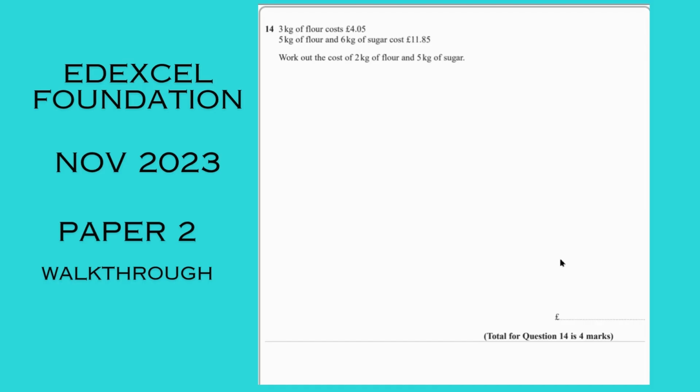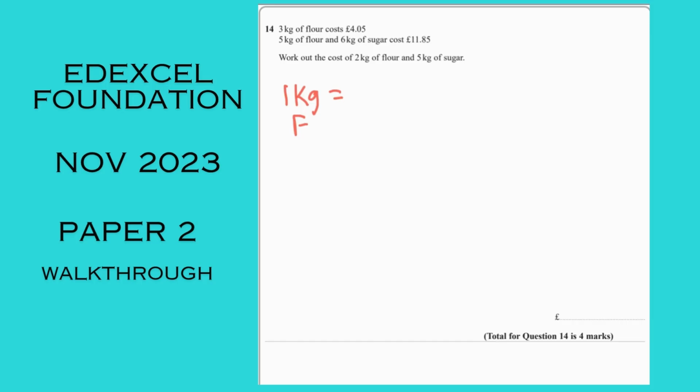Question 14. Not the wordiest of wordy questions, but certainly many steps required. But again, like I always say, one thing at a time. Just look at that top line. Don't read ahead. 3 kilograms of flour costs £4.05.